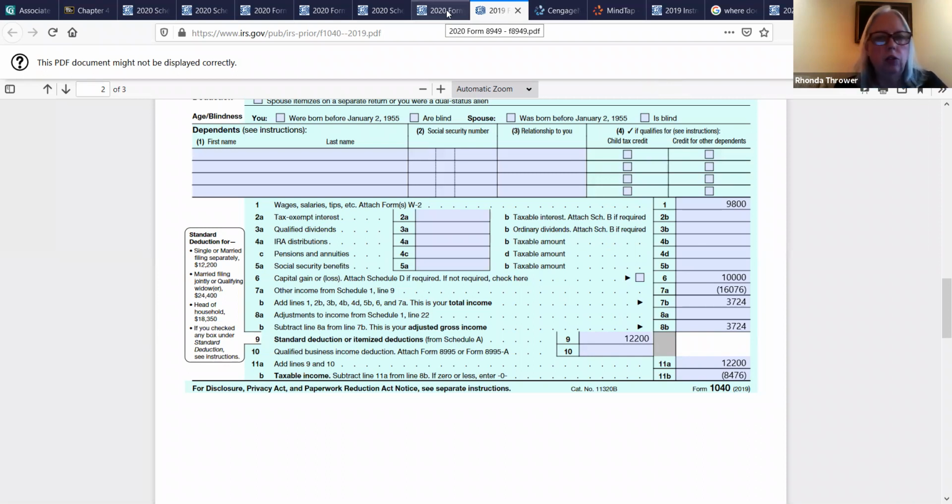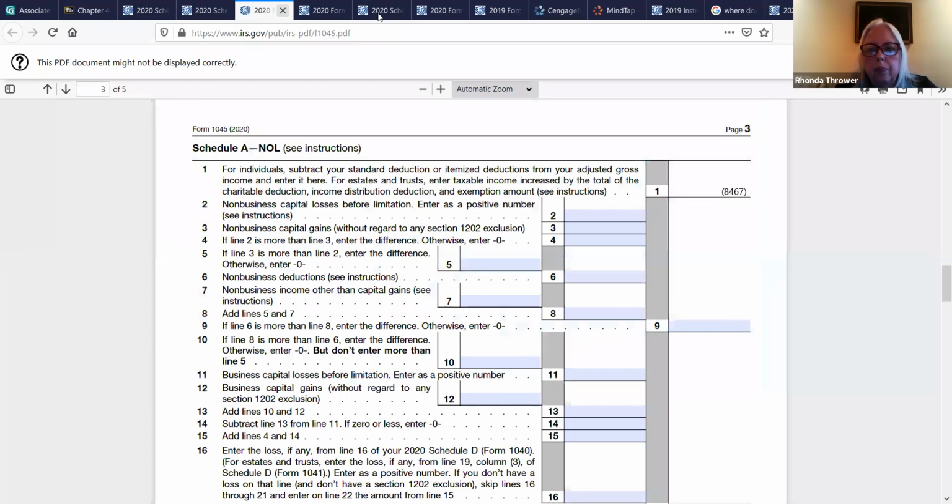So let me get back to the 1045 form. And that's where I got this amount here. It's the 3725 adjusted gross income less the standard deduction, which leaves you with 8476, which also is your taxable income from the 1040 form for this problem.